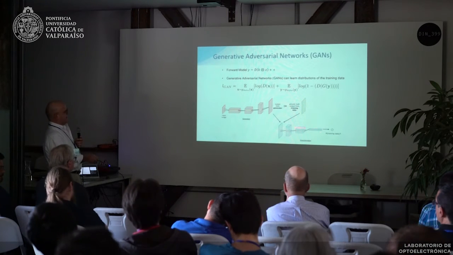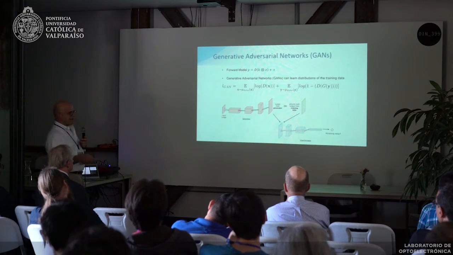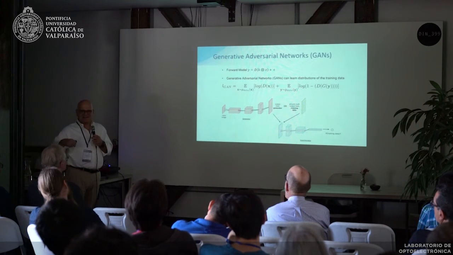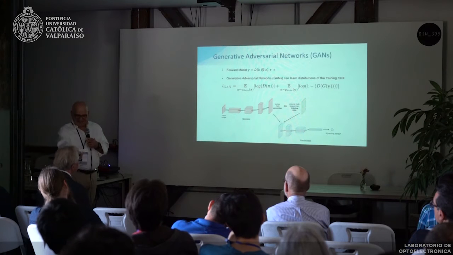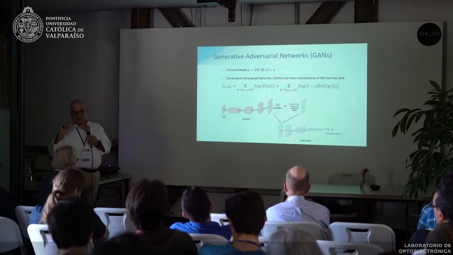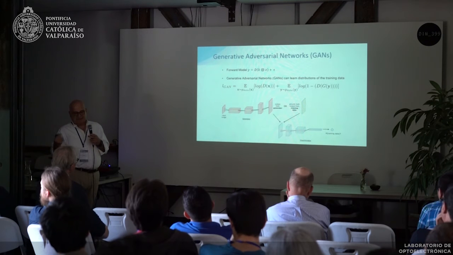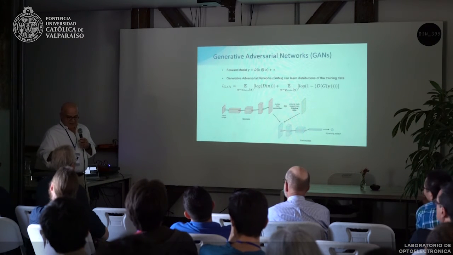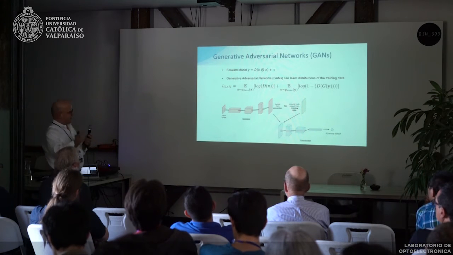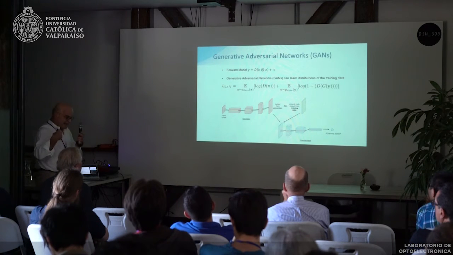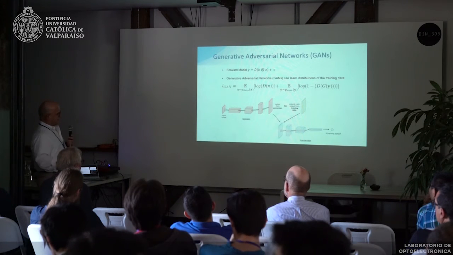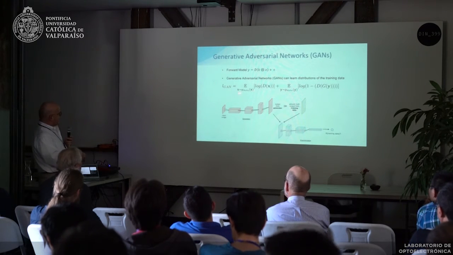It's like the generator generates counterfeit currency, and the discriminator is the police, and you ask, is this fake or real, right? And the discriminator wants to improve the performance of the generator by pushing it to generate something that would look as if it was drawn from the set of real currency.